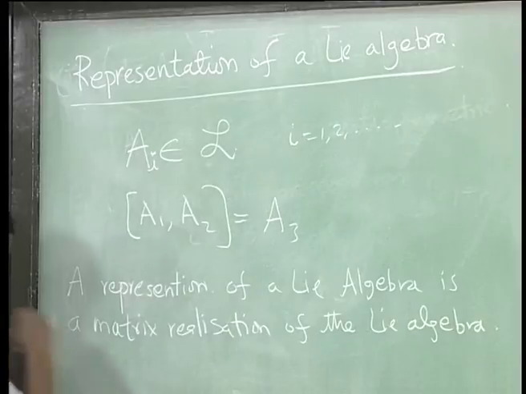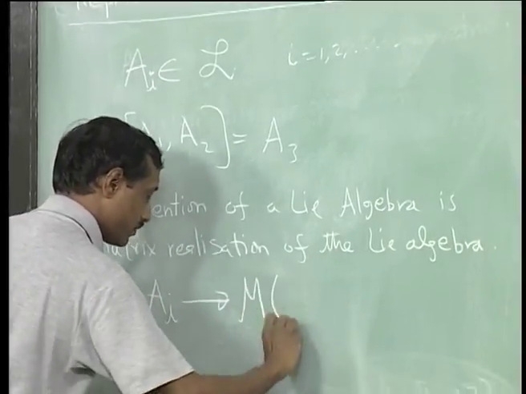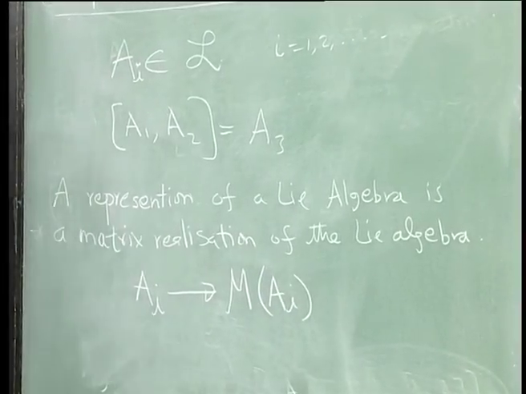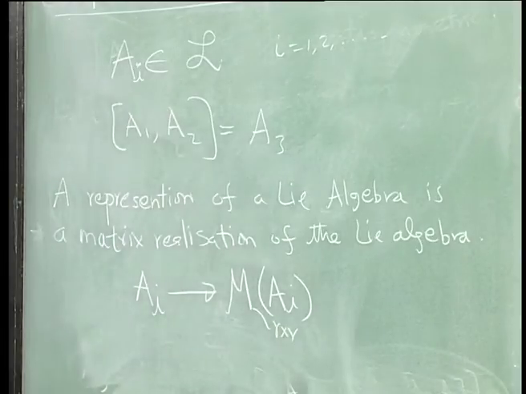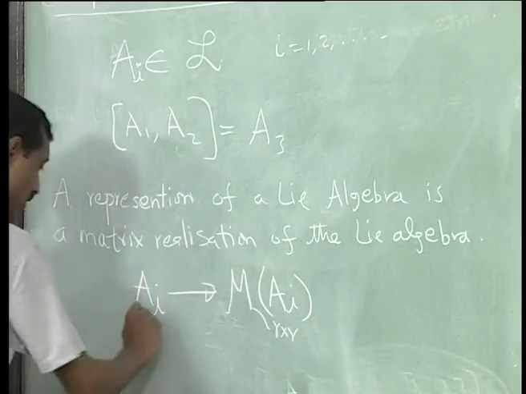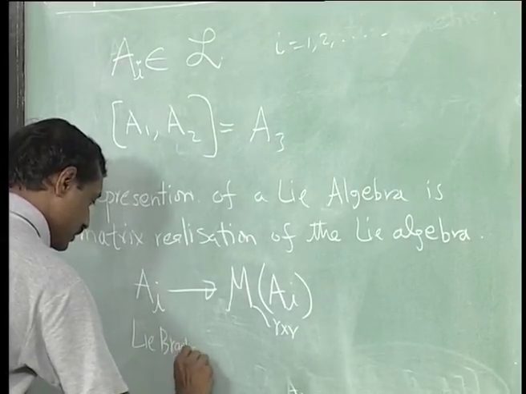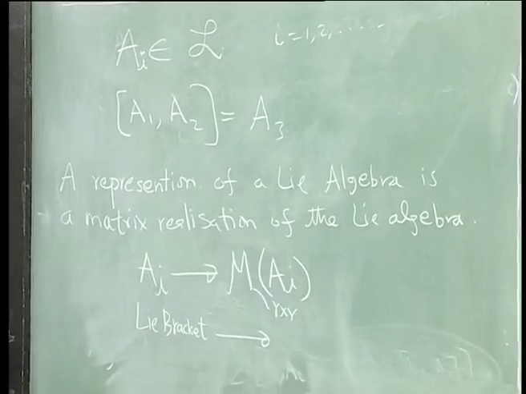So, in other words, if you give me the abstract element, I will give you some matrix, and let us say this is some R by R matrix, such that the Lie bracket gets mapped to what? What should the Lie bracket get mapped to?